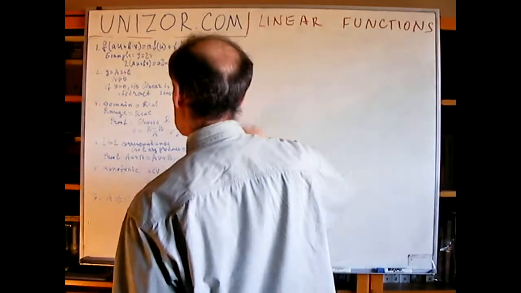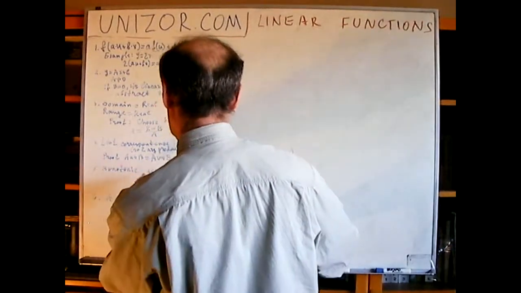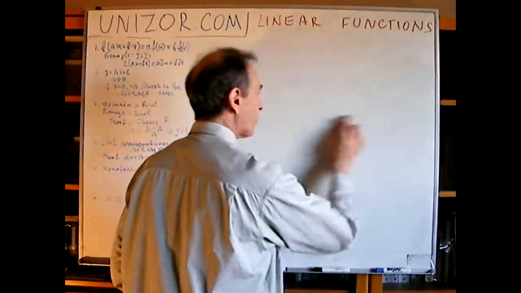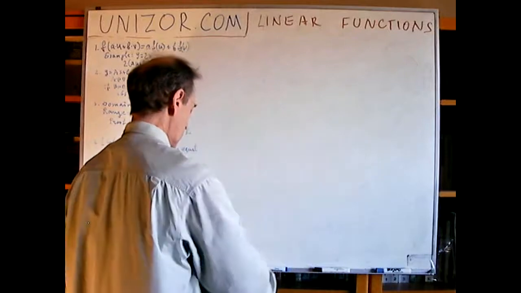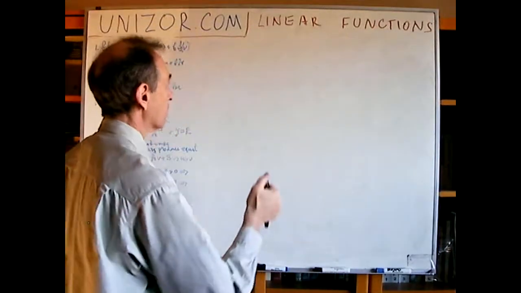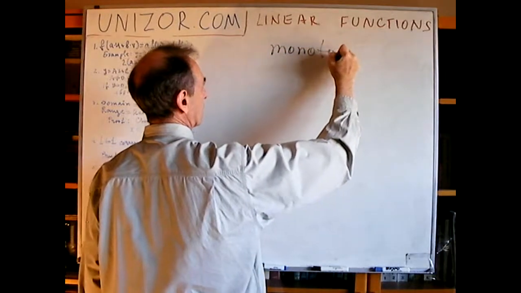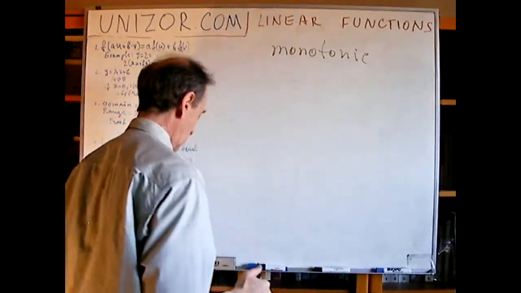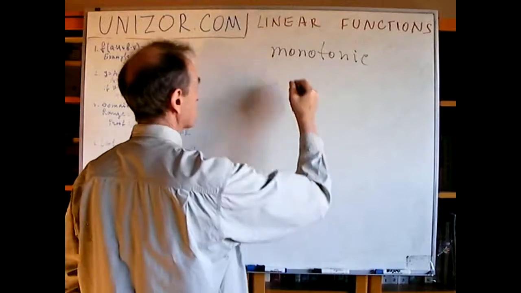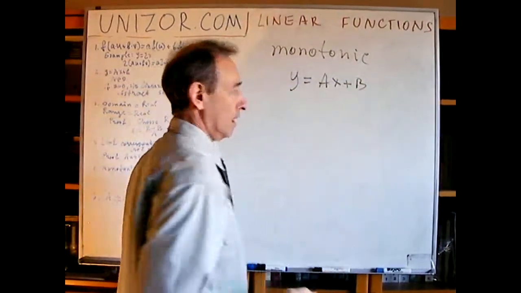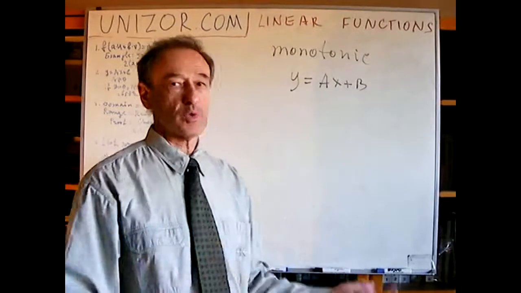Have this plan on the left. What's left? One-to-one correspondence. Monotonic. All right. Another property of linear function is that it is monotonic. Well, I'm sure you understand what it means. Basically what it means, let me just repeat it: it's always increasing or always decreasing.